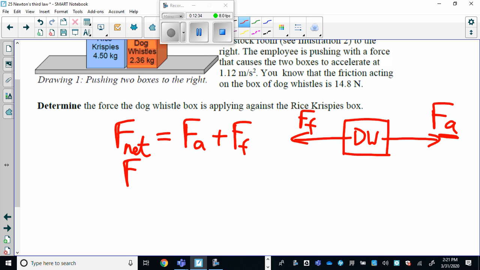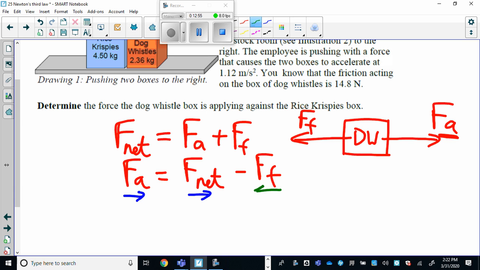So I could rearrange this if I wanted. The applied force equals the net force minus the force of friction. Now take into account when you're doing this, the net force is in which direction? The net force is obviously going to be in that direction. The applied force is also in this direction, but the force of friction is opposite. It's in that direction.